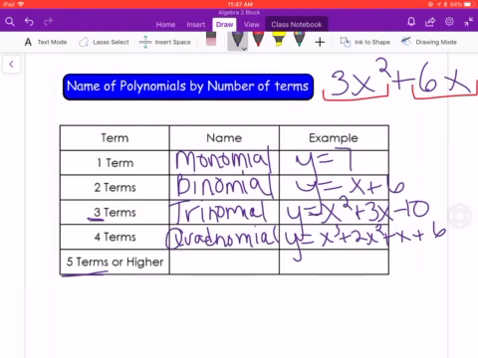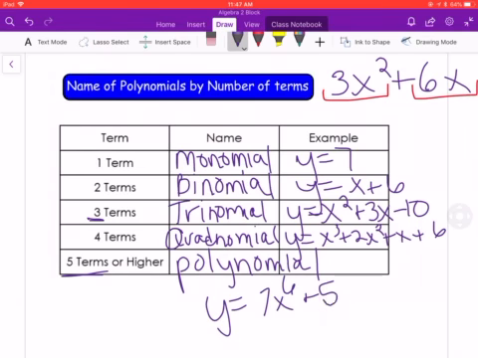Anything that's 5 or more terms, we just refer to it as a polynomial. So that might be like 7x to the 6th plus 5x to the 4th minus 3x cubed minus 2x plus 7. So 1, 2, 3, 4, 5 terms or more is just a polynomial.